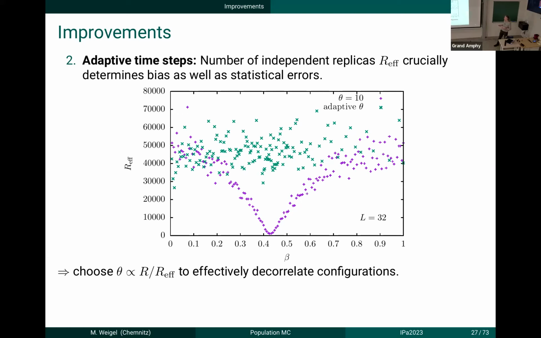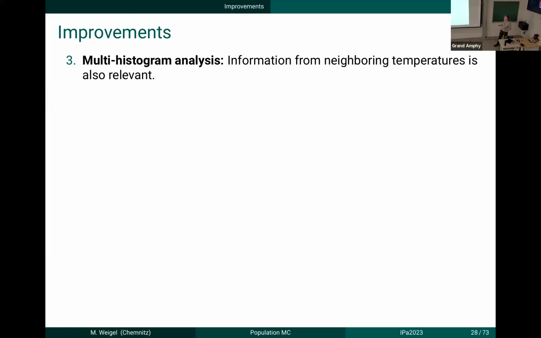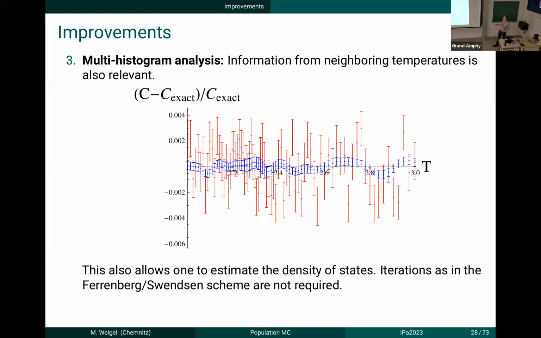Also, we can, for example, combine the data from all the different temperature steps that were made. They are substantially correlated, at least for neighboring temperatures, but still it's free information that we can make use of by throwing it all into one big pot in some sense and analyzing it together. This is the so-called multi-histogram analysis, which is otherwise also well known, of course, independent of population annealing.